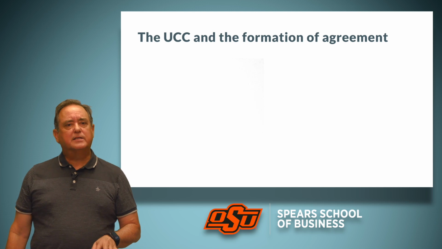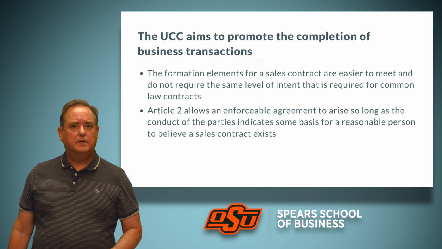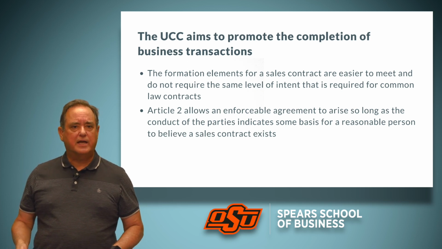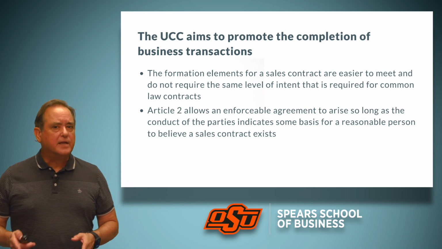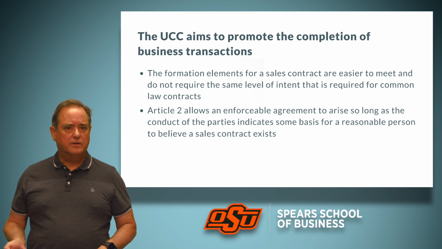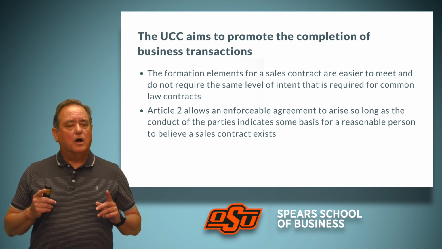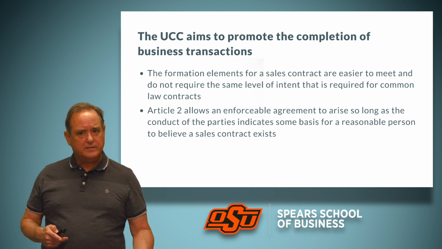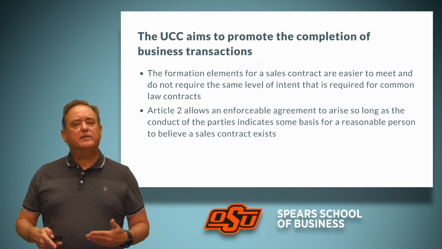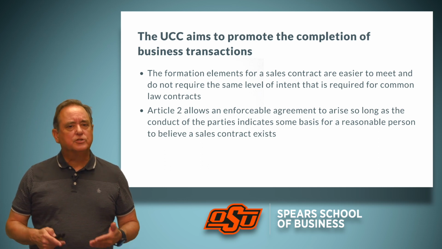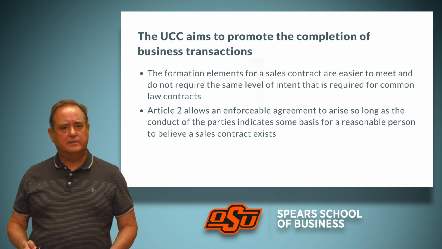So let's take this big topic, the UCC and the formation of agreement. Now, as I said, the UCC aims to promote the completion of business transactions. The formation elements for a sales contract are easier to meet than a contract under the common law. Article 2 allows for an enforceable agreement to exist if the conduct of the parties indicates some basis for a reasonable person to believe a sales contract exists.